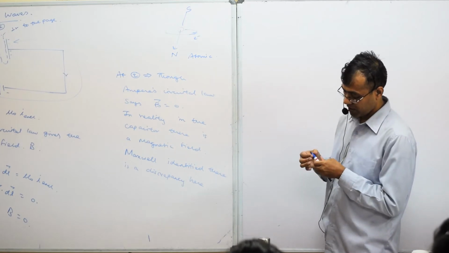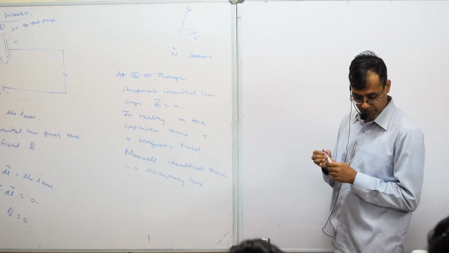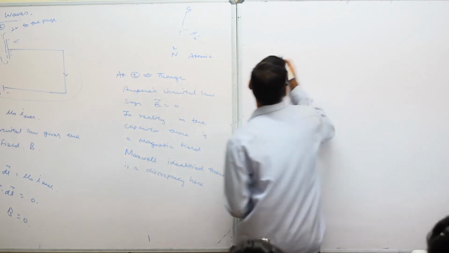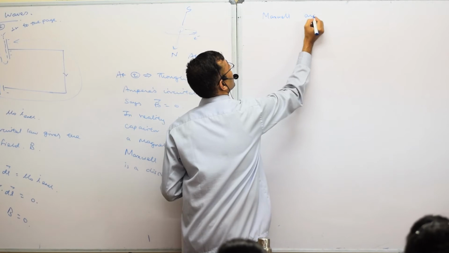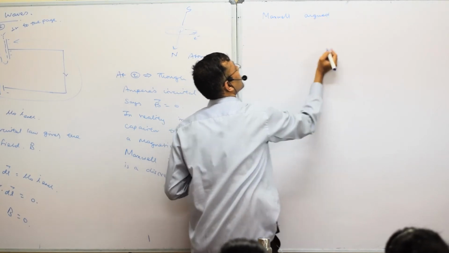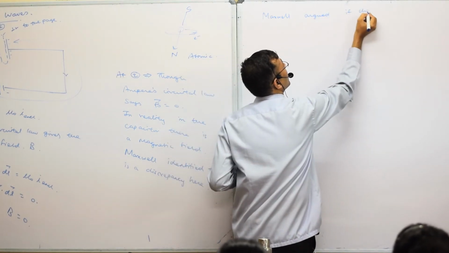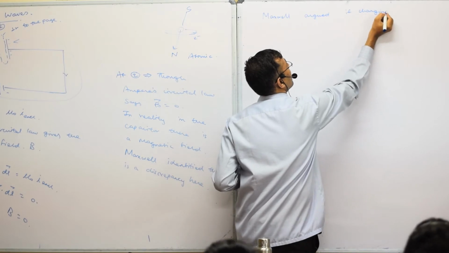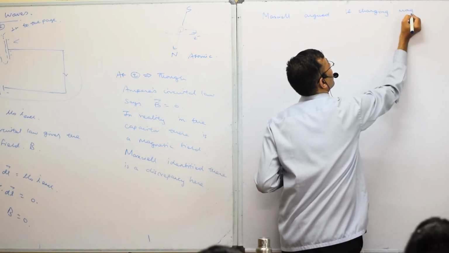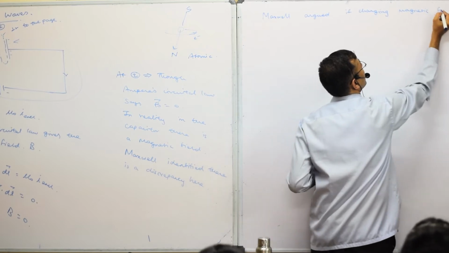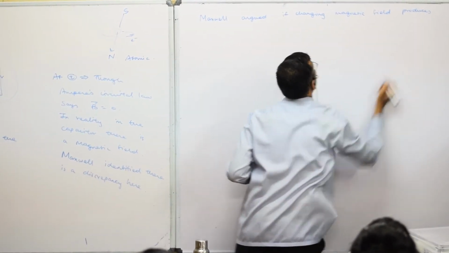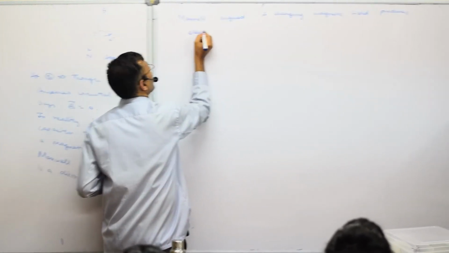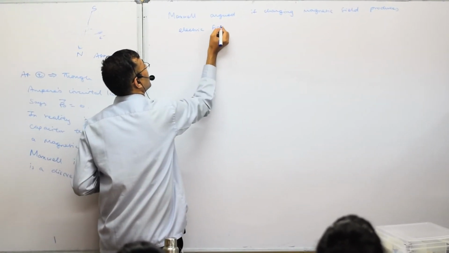So that means changing magnetic field produces an electric current. So take it down. What Maxwell argued was, changing magnetic field produces electric field.